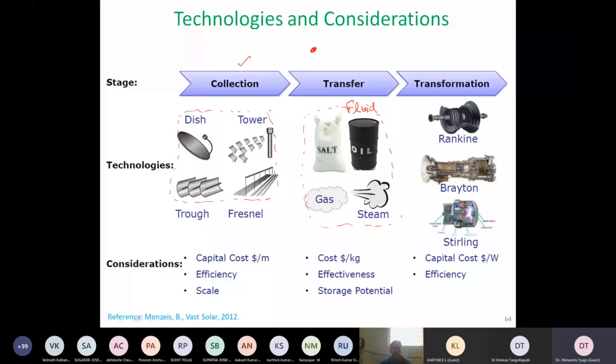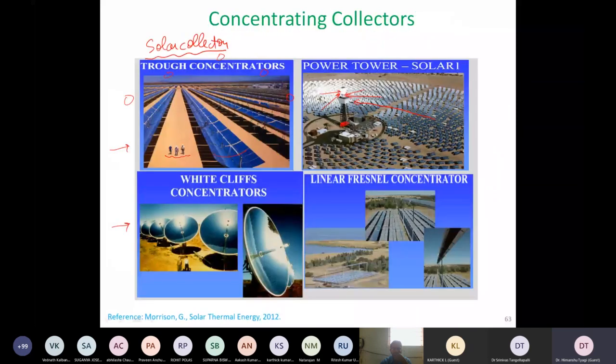And point A is generally the center of the dish over here. And point B could be, if you are looking at electricity generation, the turbine. So we need that heat which is collected through the dish to be transferred from one point to another. And the reason is that there are very long tubes in which this fluid has to flow, and maybe the turbine is located at this central location over here.